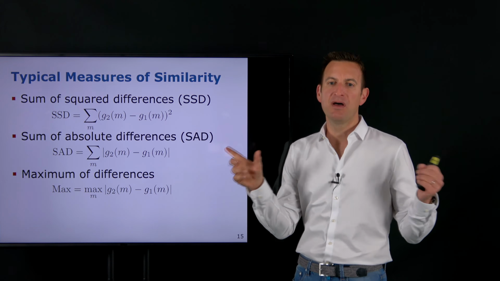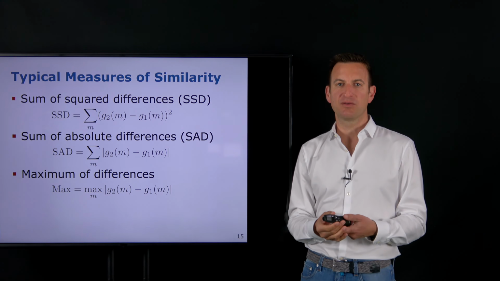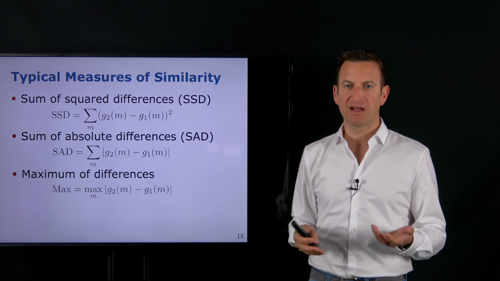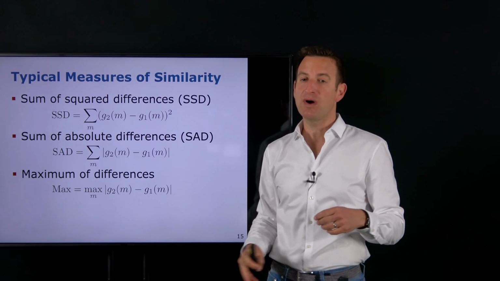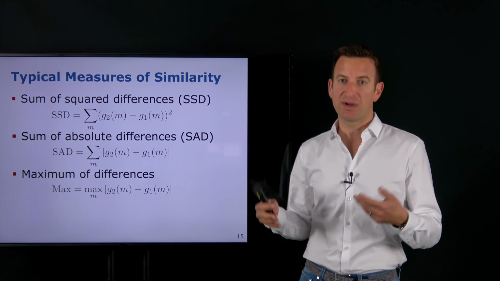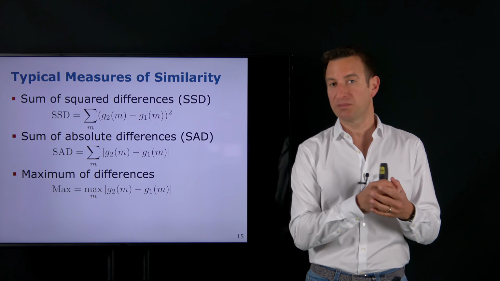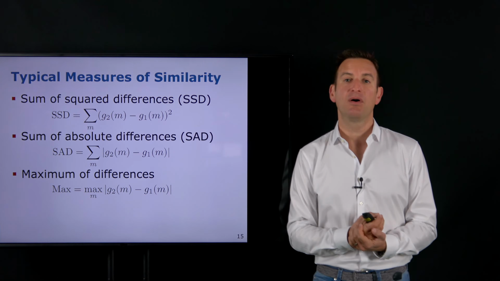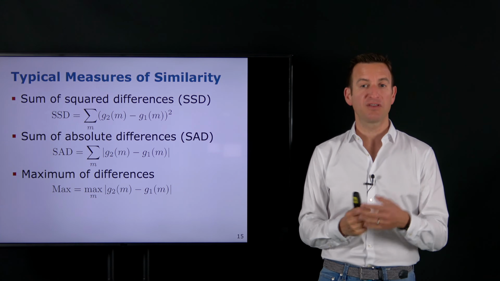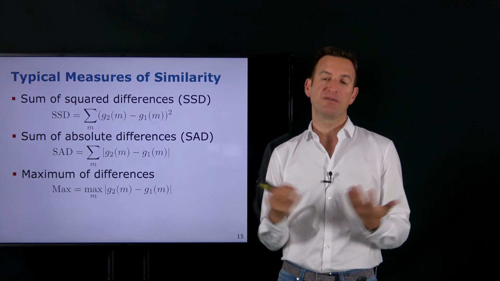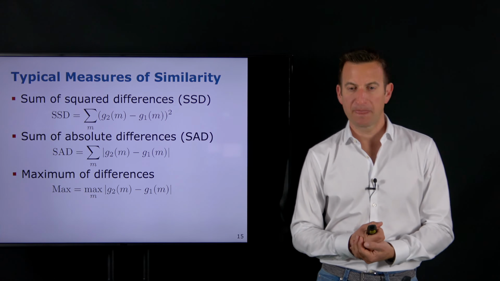So if one intensity value is 100 and the other one is 200, then 100 minus 200 squared equals 10,000 for one pixel. And then I sum up all those values. That's my sum of squared differences. The smaller the sum of squared differences, the more similar the images are.